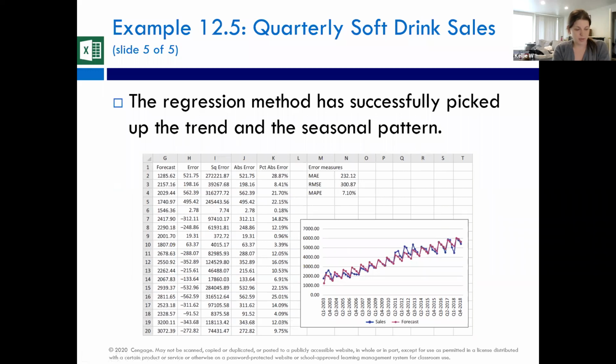So it works. This method picks up the trend, and it's not the worst at forecasting. You see it's off a little bit here, and it's over a little bit up here, it's under a little bit down here, but overall it's a pretty decent forecast.